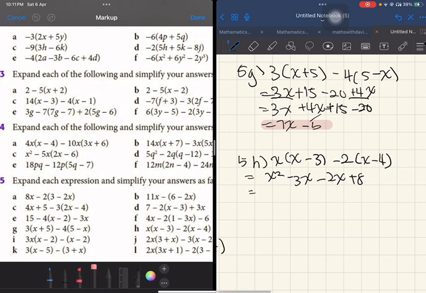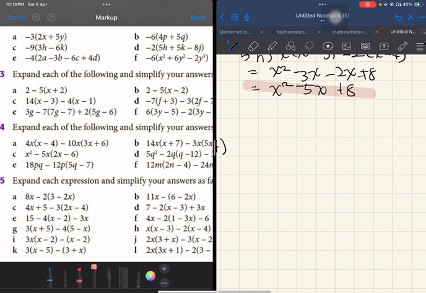Okay, and then we're going to get something like this. Yeah, sorry. The like terms are already together, so you can just simplify it and you can get this answer. This is the answer for 5H.